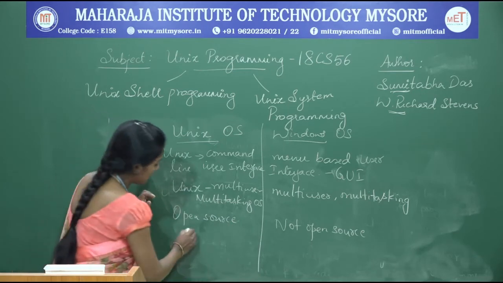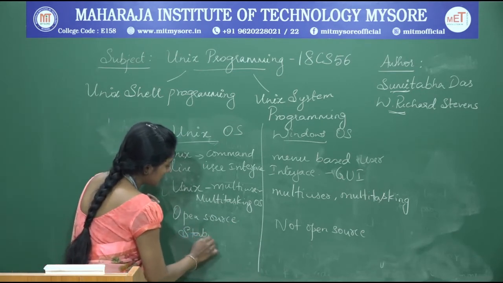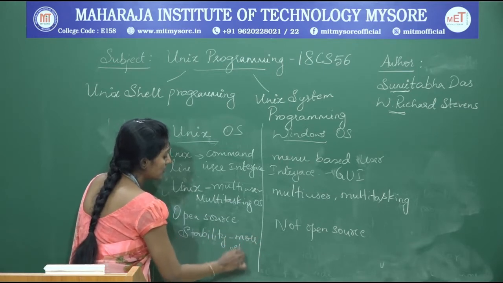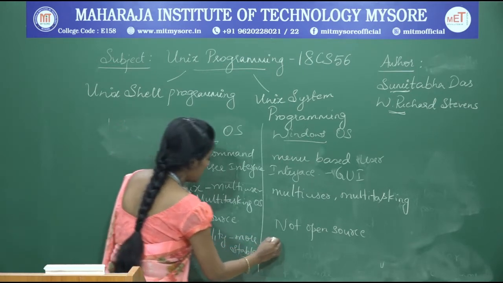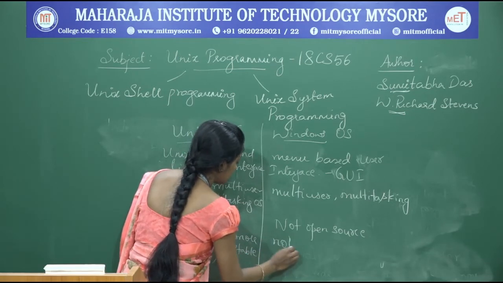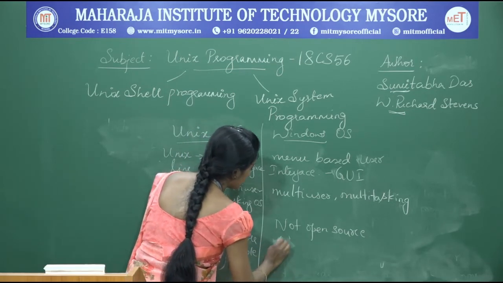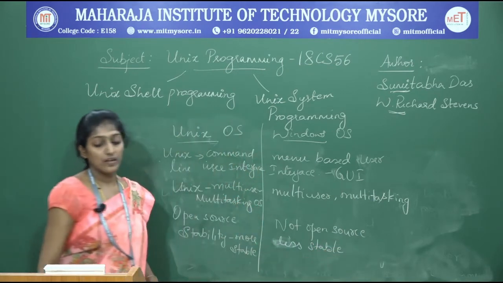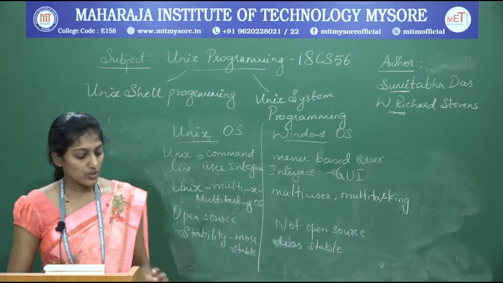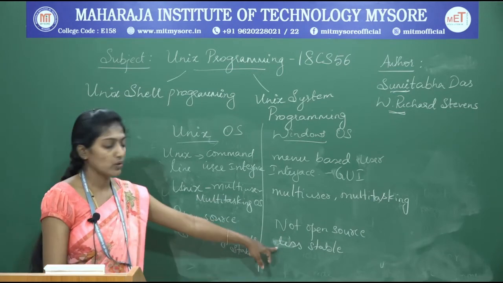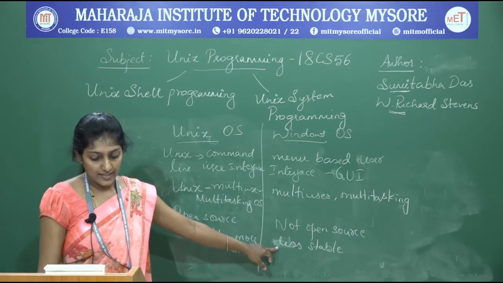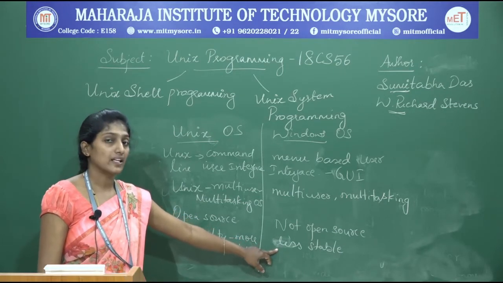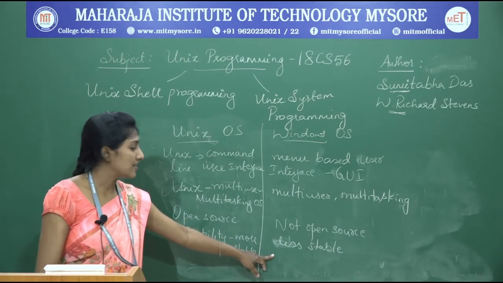Next is stability. Unix is more stable when compared to the Windows operating system, whereas Windows is less stable.